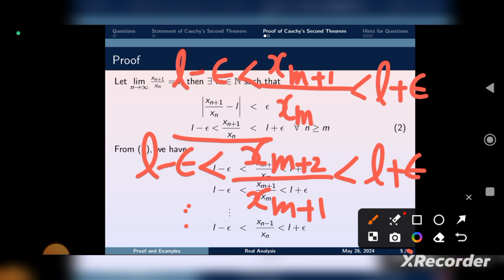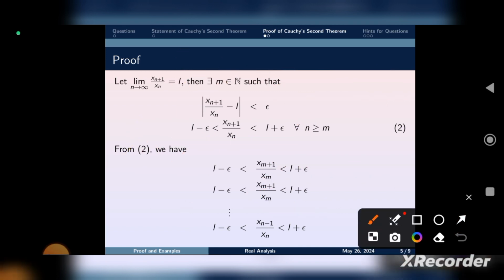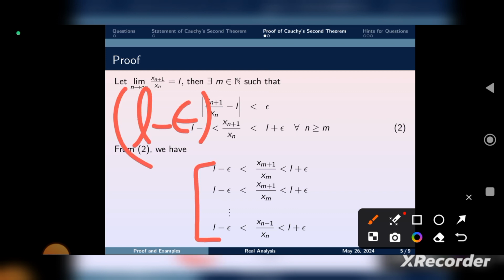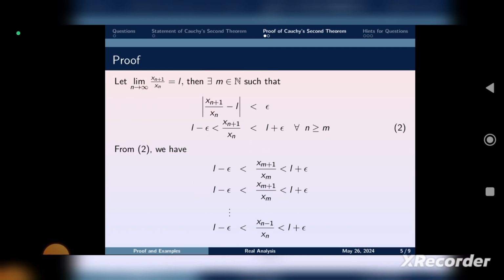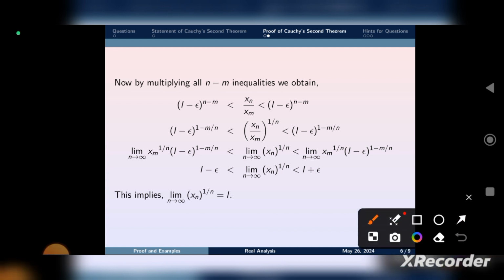Similarly, we can write up to n, and when we multiply all these inequalities, we have a total of n minus m inequalities, so we will get L minus epsilon raised to power n minus m less than or equal to xn by xm less than or equal to L plus epsilon raised to power n minus m. I mistakenly wrote 1 here, so it would be this. We obtain these inequalities basically.